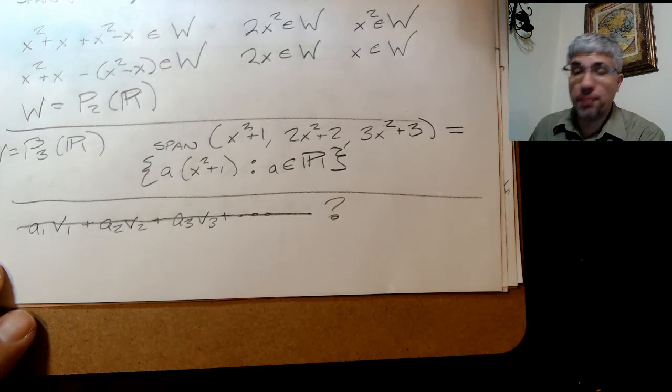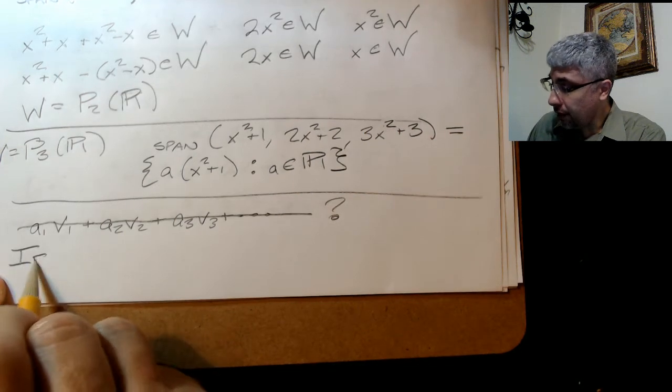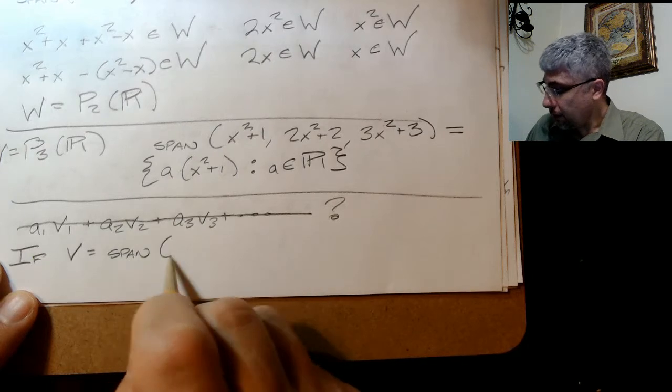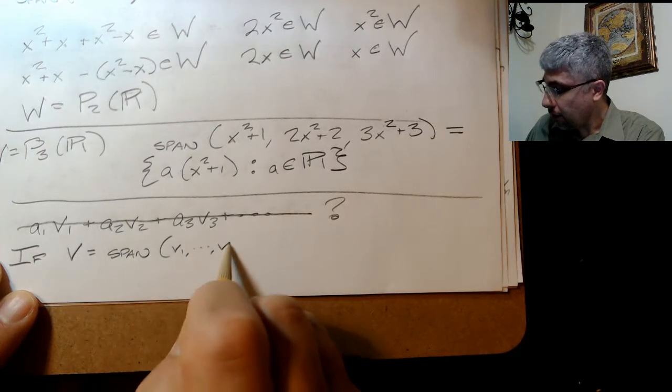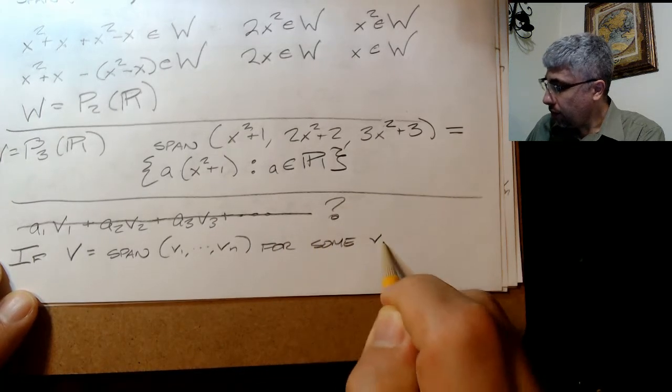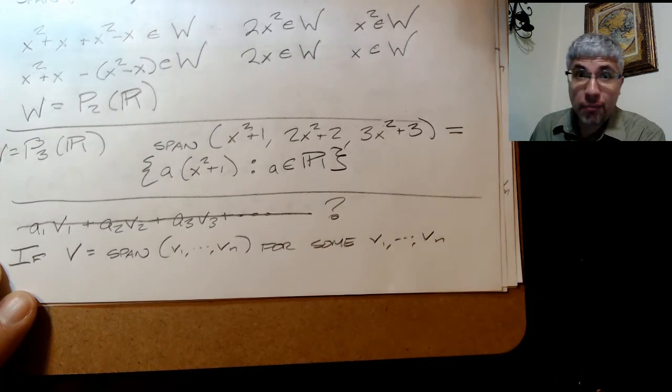And if a vector space is a span for some v1 through vn, I might not know what those vectors are.